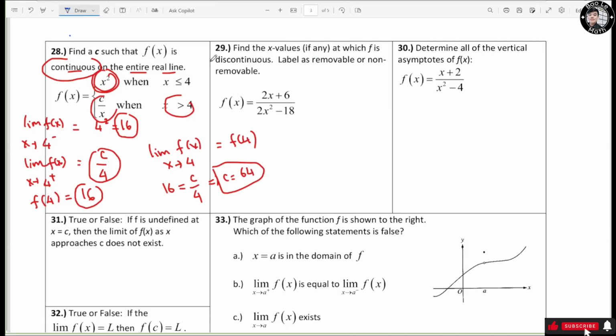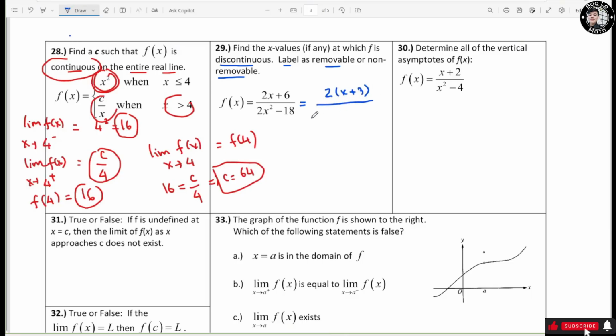Now question 29. Find the s value, if any, at which the function f is discontinuous, labeled as removable or non-removable. Alright, so basically we need to simplify this one, right? Factor the top, it's going to be 2 times s plus 3.